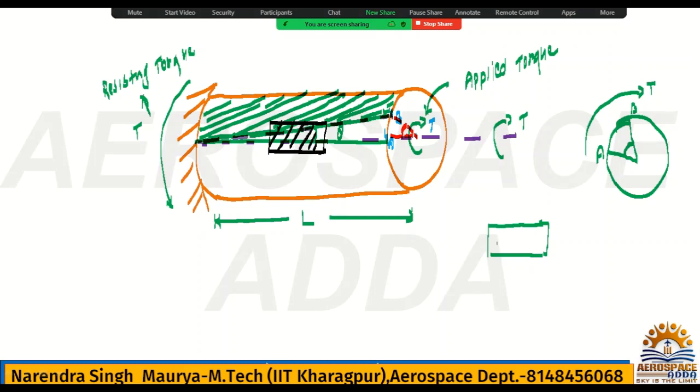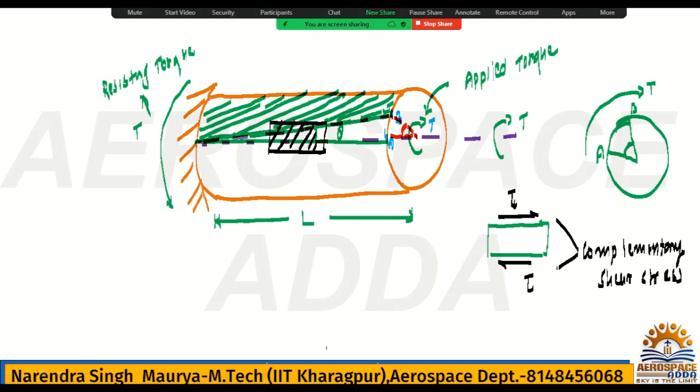So this portion will experience the complementary shear stress. Because of this torque, shear stress it will experience, and this shear stress is nothing but tau, which is called complementary shear stress.